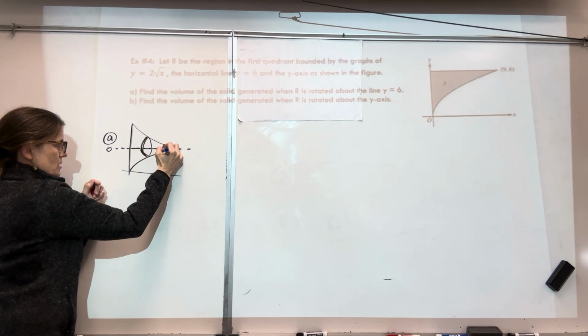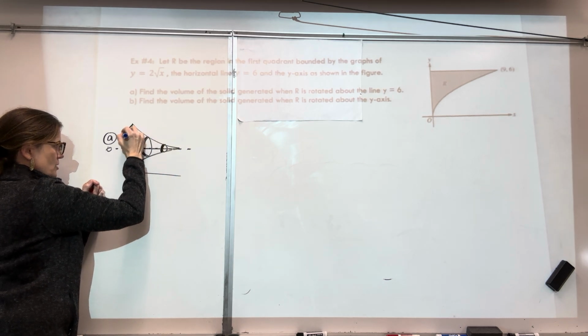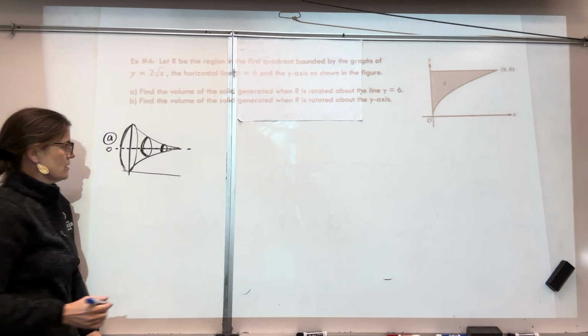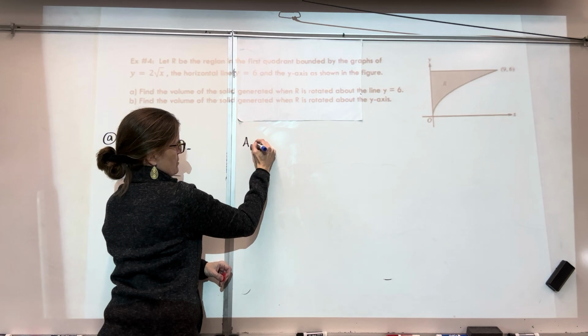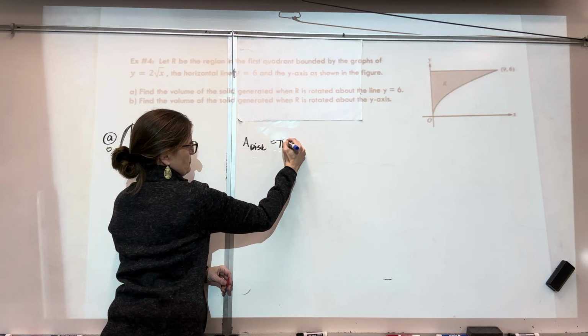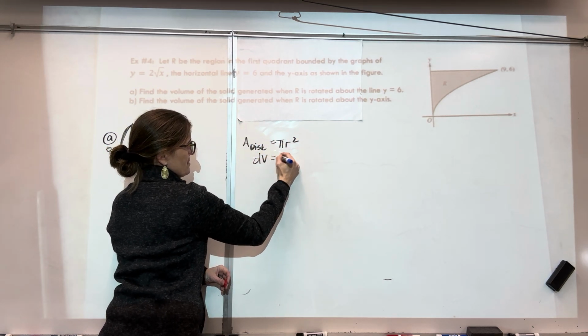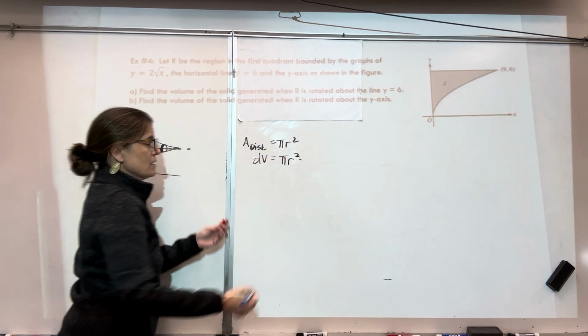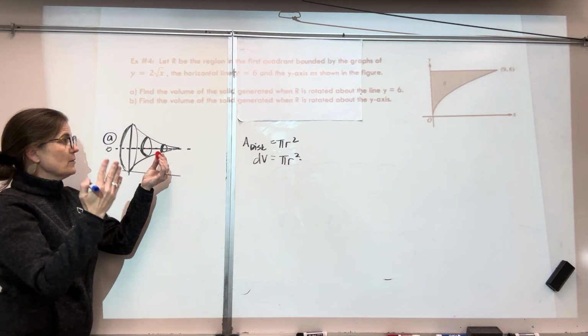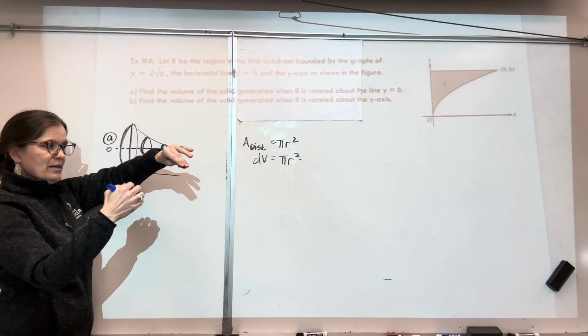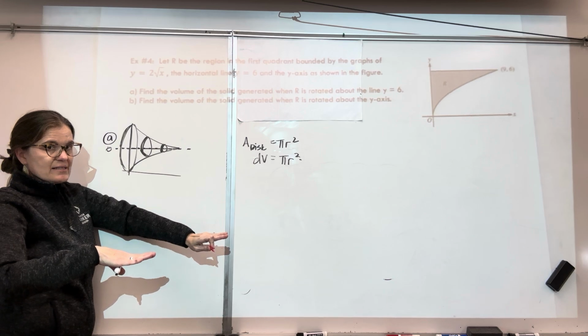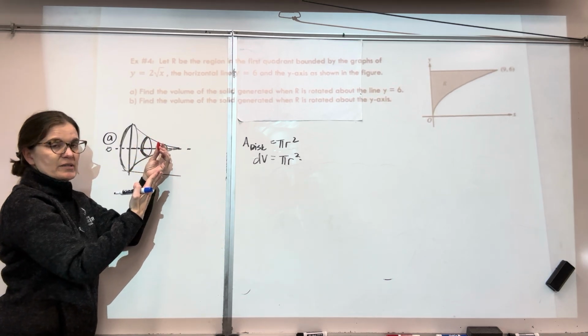These are going to be circles without holes in between them, so just the area of a disk, pi r squared. The volume of one disk is pi r squared times the thickness. The thickness is perpendicular to the axis of rotation, y equals 6, which is parallel to the x-axis. So we slice it perpendicular, and that would be a dx.